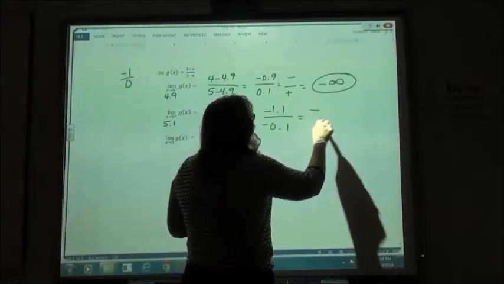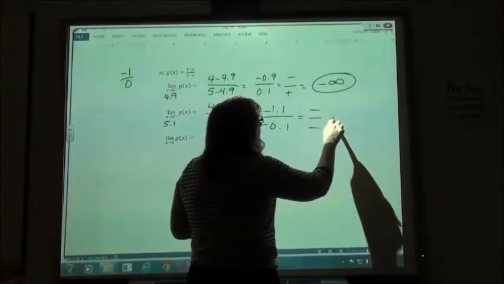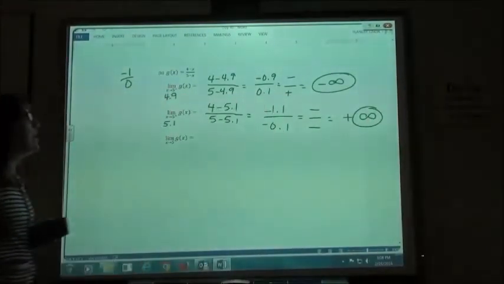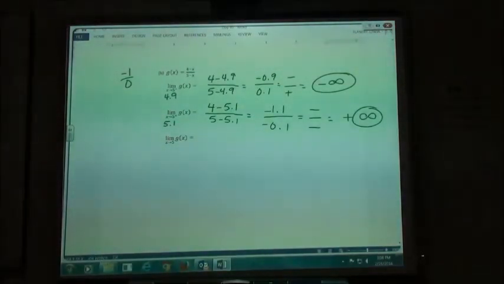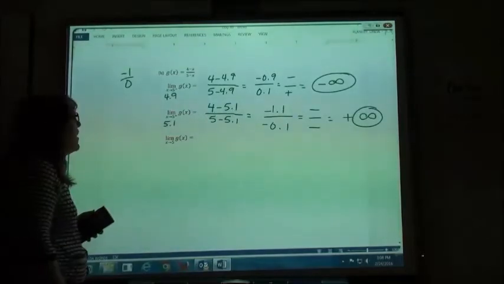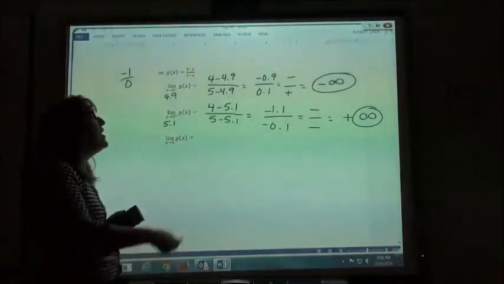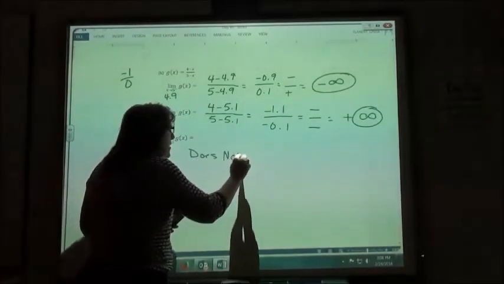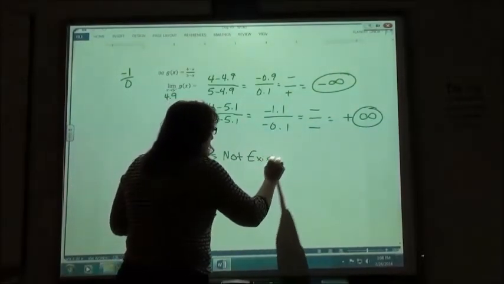I have a negative over a negative. A negative over a negative is a positive, so I'm going to get positive infinity. So my limit as x approaches 5 from the left is negative infinity. My limit as x approaches 5 from the right is positive infinity. Since those are different, the limit as x approaches 5 does not exist.